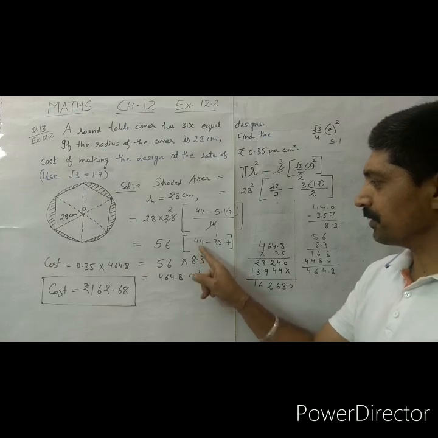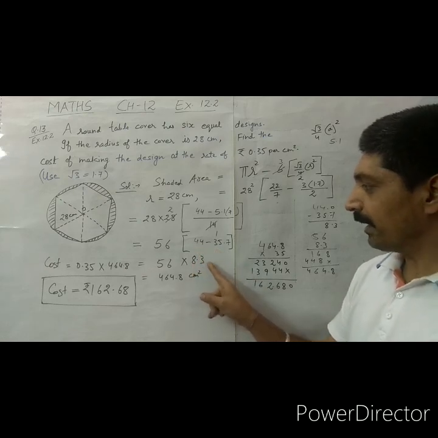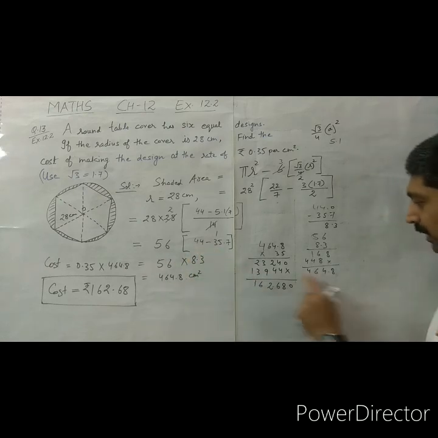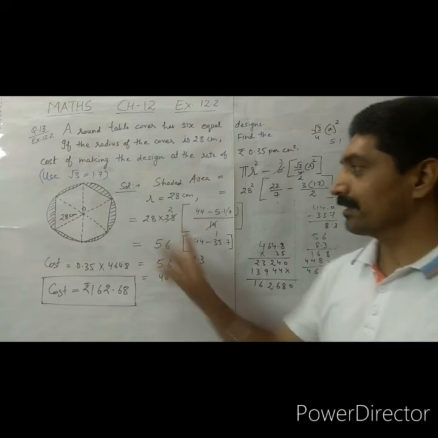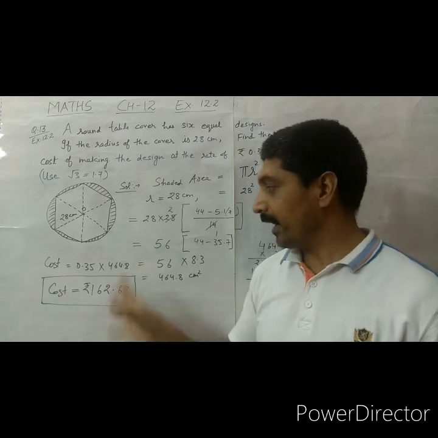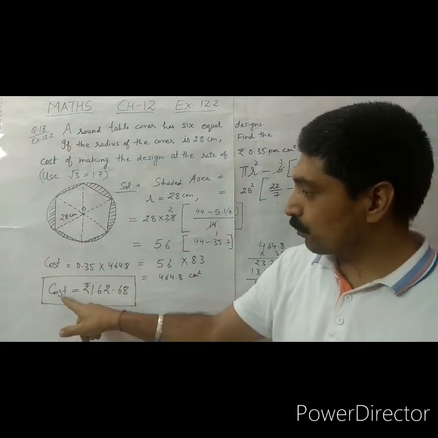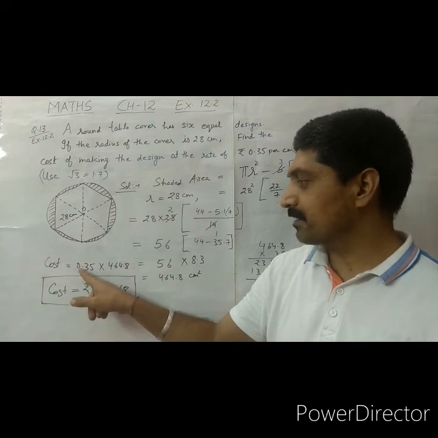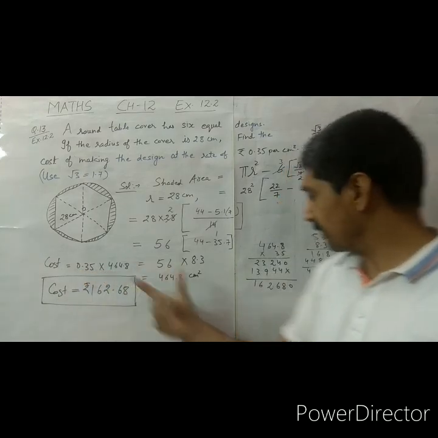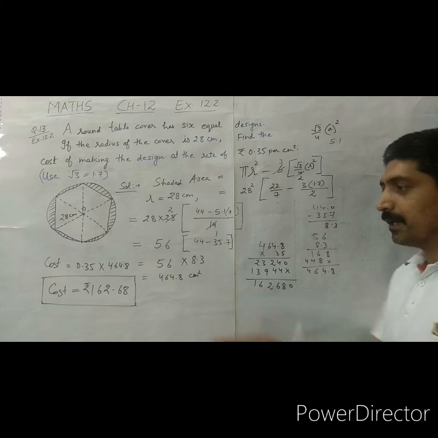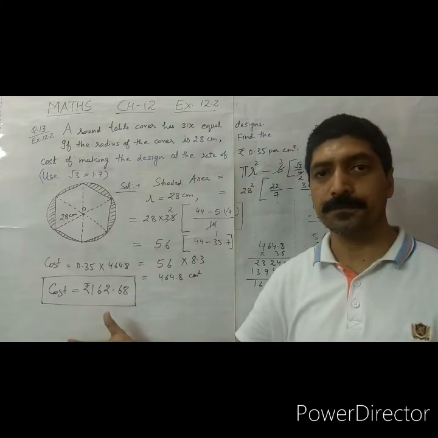So after subtraction here it is 8.3, and after multiplication here we are getting 464.8 centimeter square, that shaded area. And after finding the area, just to find the cost, multiply with 0.35. So after this multiplication we are getting the cost.